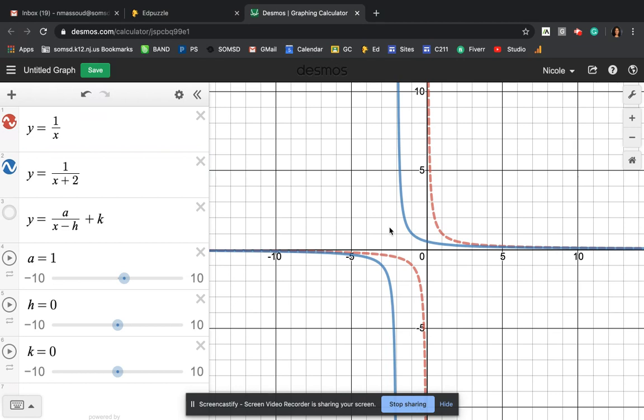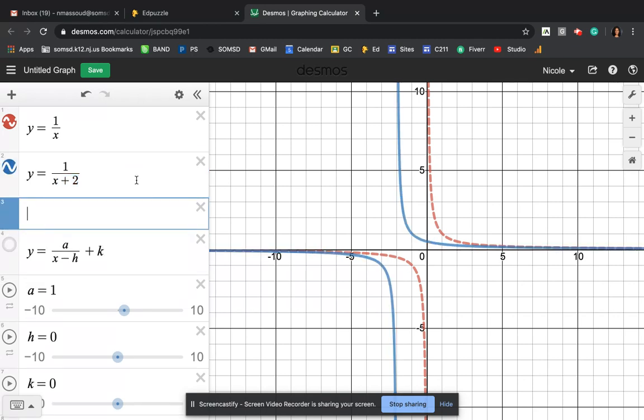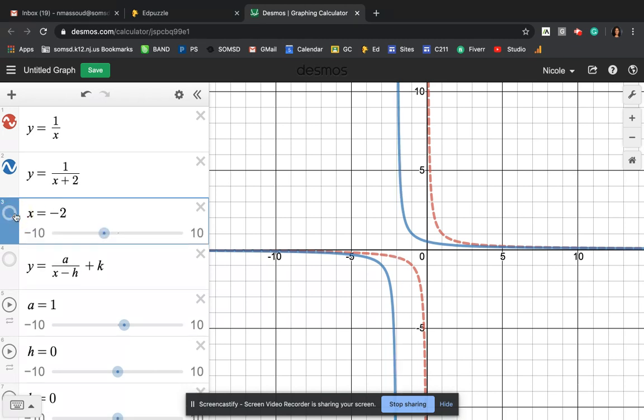Your x will usually do the opposite of what you want them to do. So anything affecting the x is going to do the opposite. Okay, so if I put plus 2 on the x, horizontally, it's going to go the opposite way. So it went left instead of right. It goes left 2, and our asymptote, x equals -2, moved with the function.